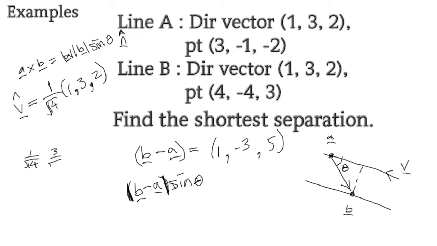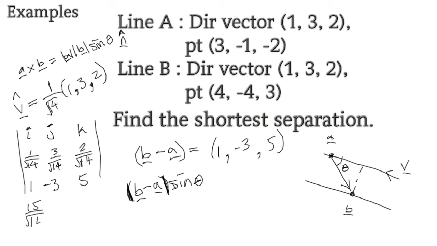Three on root 14, then 2 on root 14, and we've got 1 minus 3, 5, I, j, k. Then we take the determinant of this. So for the I component, we've got 15 on root 14, take minus 6.